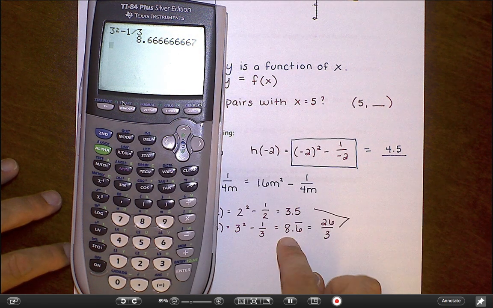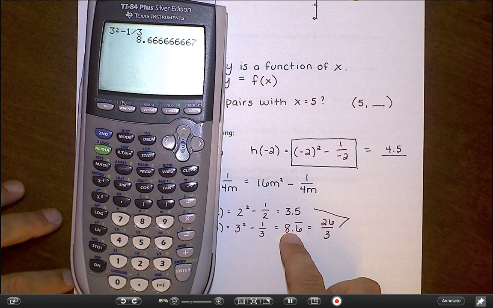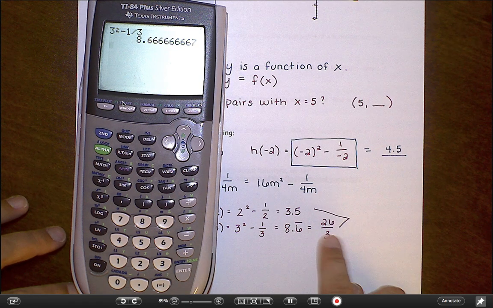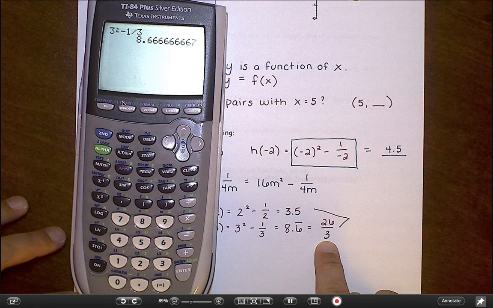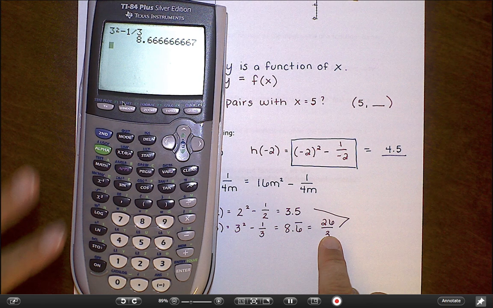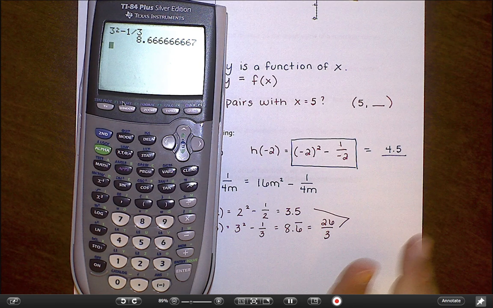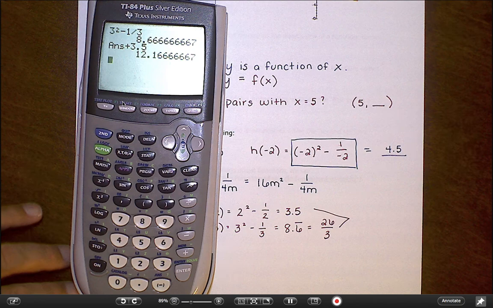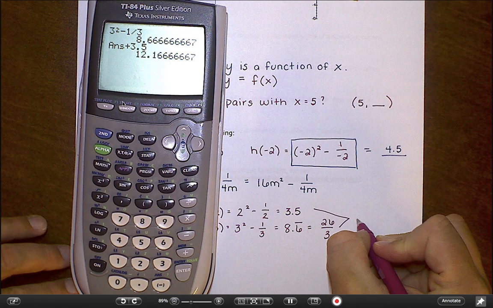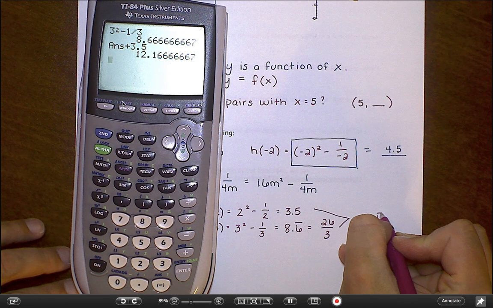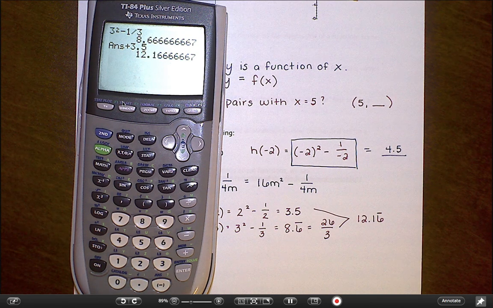If I try to enter that by hand, I have to make sure that I do a ton of sixes to imply that it's a repeating decimal. I wouldn't just want to put in 8.6. What would be even better is to use the 26 over 3, but that took a little bit of mental math on my part, so I don't know that you would have gone there on your own without a calculator. So I'm going to take that and add the 3.5, okay? And so my final answer here would be 12.16 repeating, just the sixes repeating there, okay?